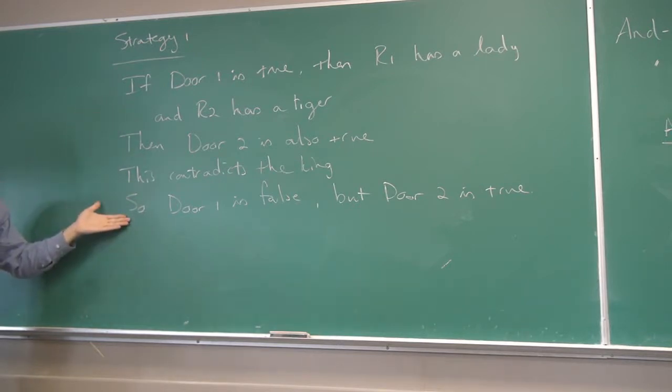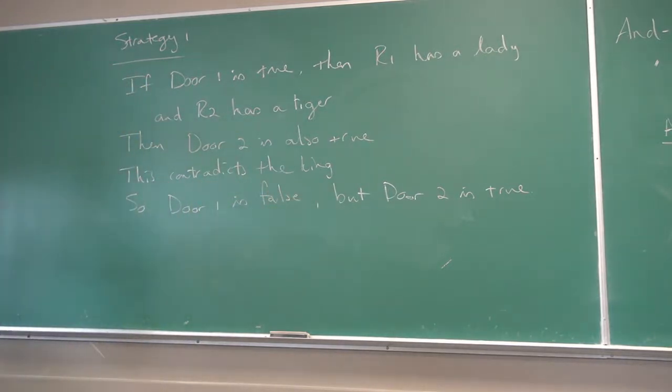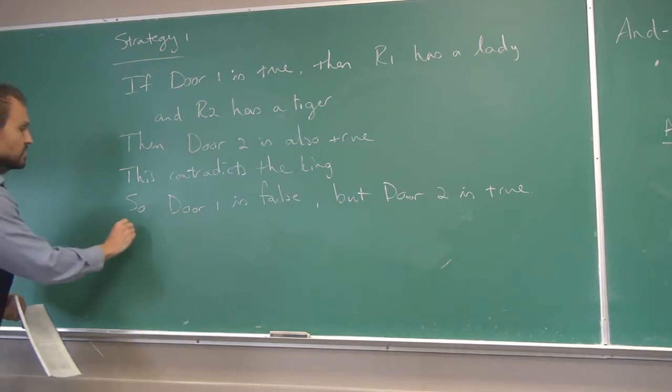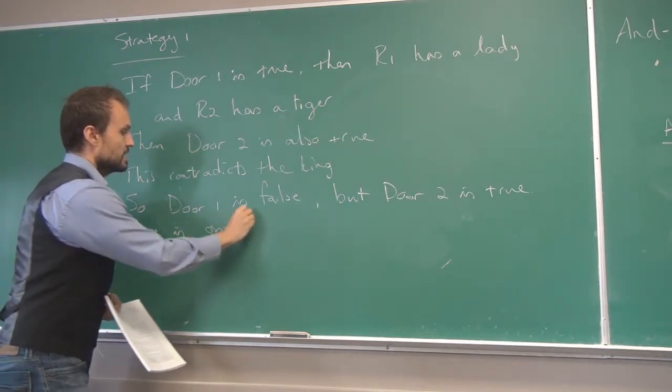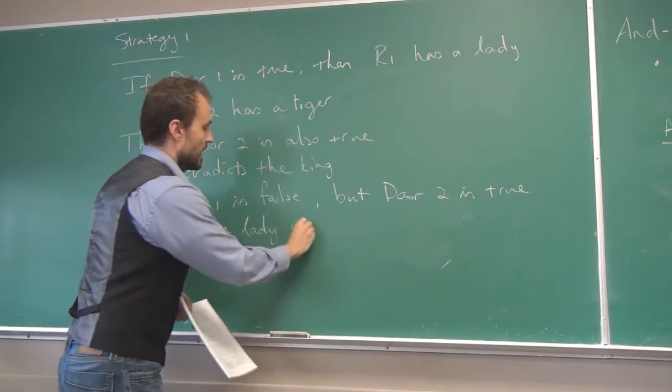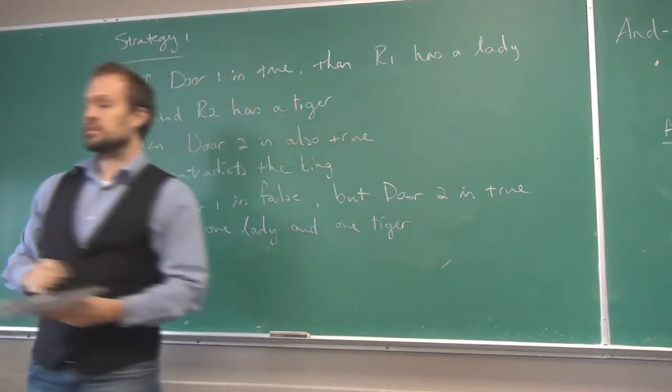But the king said one of the doors is telling the truth, so then it has to be door 2. So what does door 2 say? In one of these rooms there's a lady, and in one of these rooms there's a tiger. So there is one lady and there's one tiger somewhere behind these.